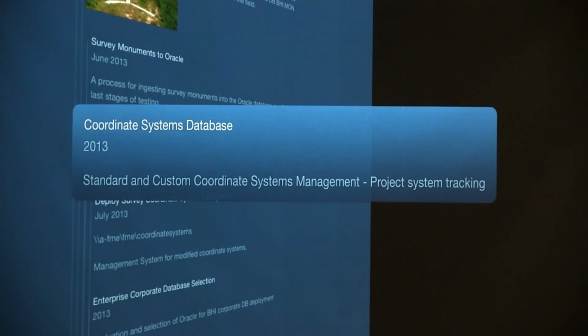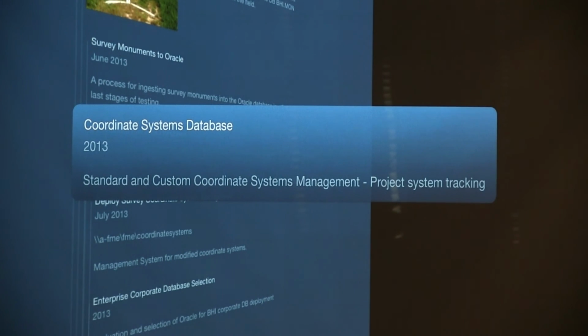We also manage all of our coordinate systems in the database. So our database contains the ground geodetic coordinate system definitions that are linked to our BST project numbers for a project. So like the Gila Catwalk will have its own coordinate system defined and managed in our database, which is important because FME can read those.